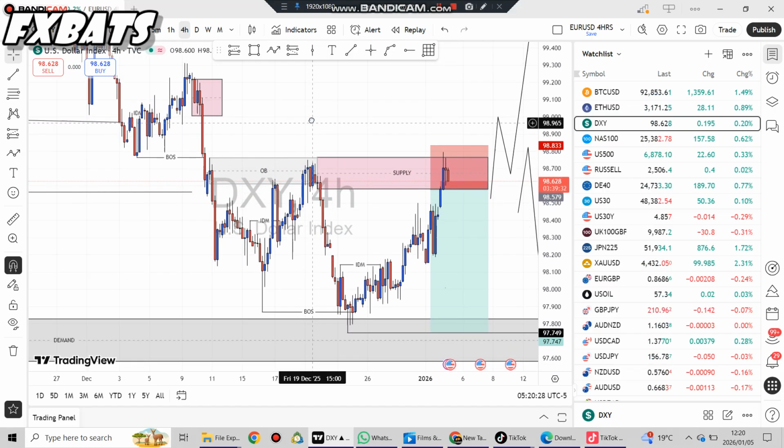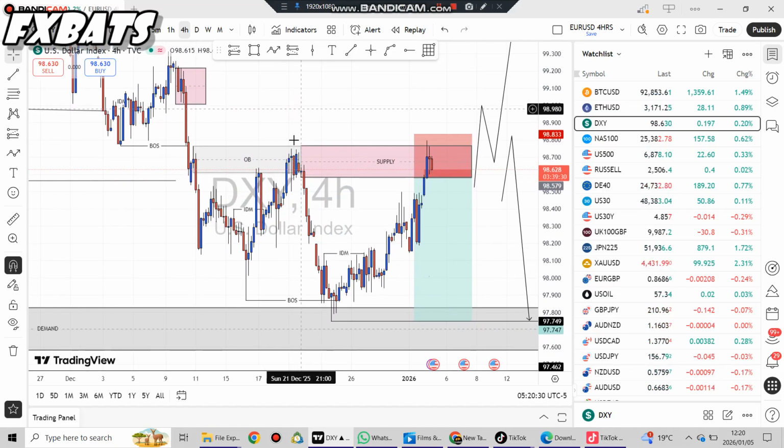These are the areas I marked. This was our last valid break of structure. Down here, I could see a reaction area, which was our area of demand. It was an order block.